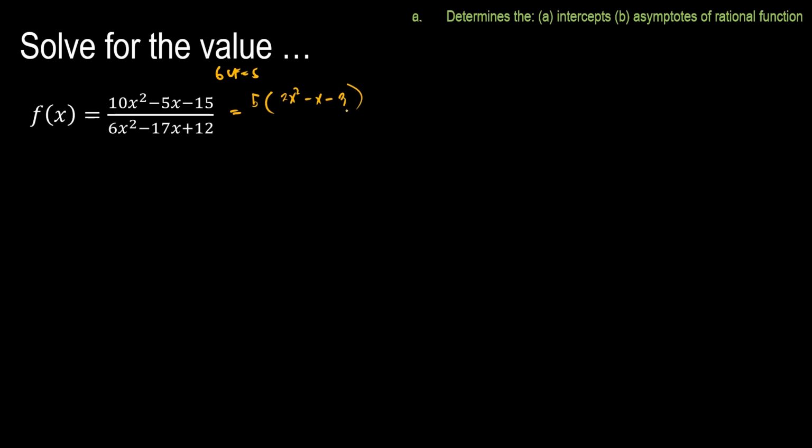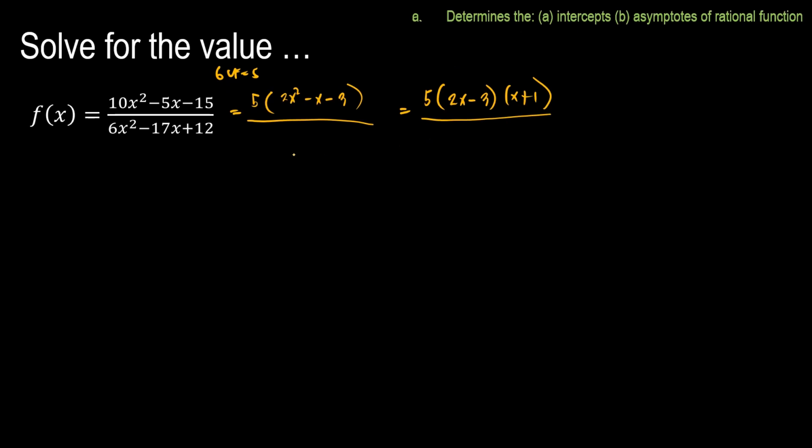Okay? So, after that, kunin natin yung factor. Tapos, kunin muna natin yung factor ni numerator, yung 2x squared minus x minus 3. If you are familiar with the AC method, you can do the AC method. Okay, you can recheck this. So, the factor of the 2x squared minus x minus 3 is (2x minus 3)(x plus 1).